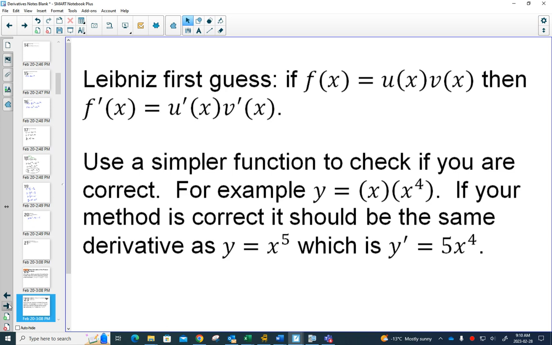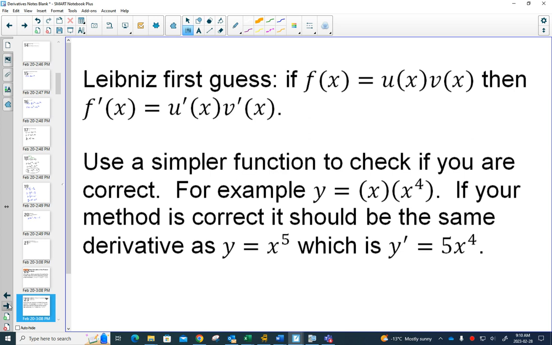Actually, Leibniz said the same thing. He's like, I want that to be my first guess. I just want to do the derivative of one times the derivative of the other. And he found out very quickly that it doesn't work. So for example, we have x times x to the 4th. If you multiplied it out, you would get x to the 5, which is really easy to find the derivative of, because you bring the 5 in front, subtract 1 from the exponent, and you get 5x to the 4th.